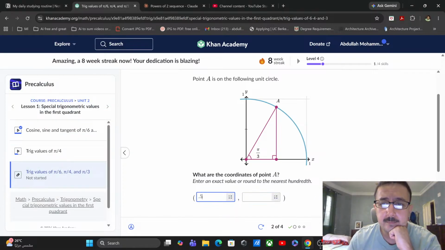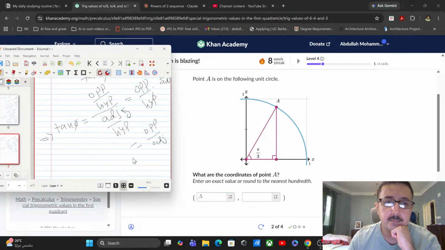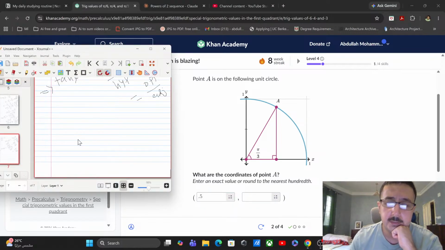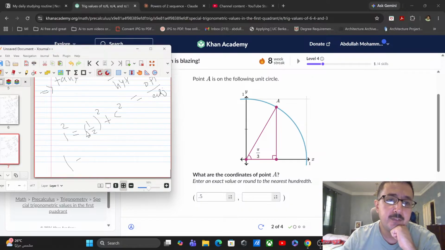But the Y, so I got 1 square equal half square plus C square. I got 1 minus half square, half multiplied by half, that's 1/4.